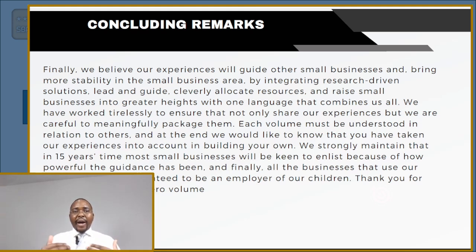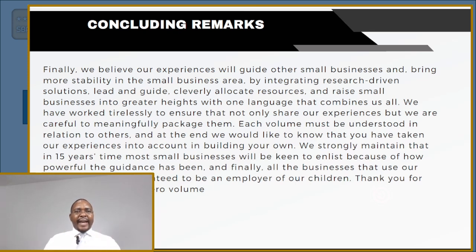Okay, so ours is to guide and cleverly allocate resources and raise small businesses into greater heights with one language that combines us all. So there's no point of this person talking this language and that one talking that language. We have to understand that we are in small business, and in small business, this is what is required.